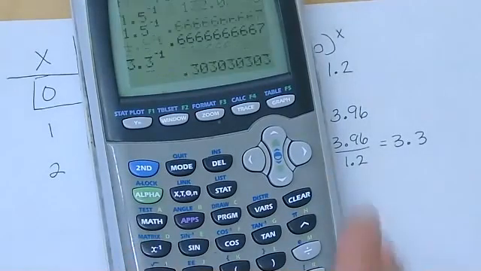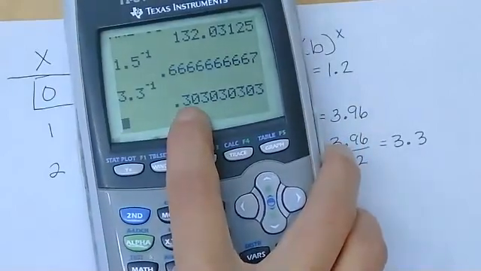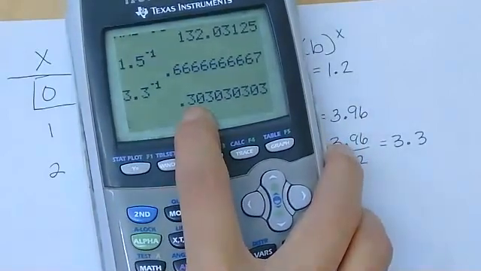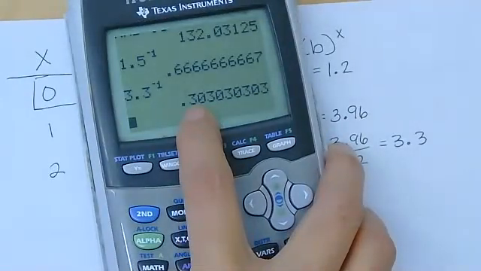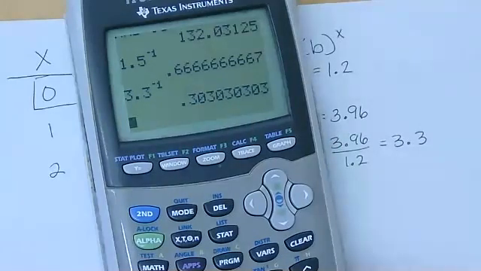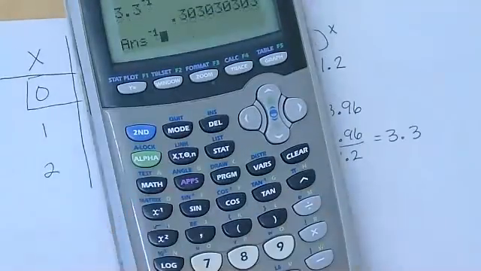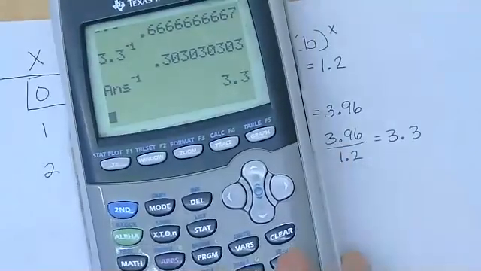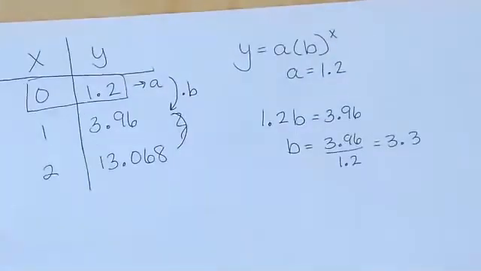So if you got 0.30303030, etc., you divided backwards. And if you think you divided backwards, you can fix it easily on a calculator by hitting the reciprocal key. That's the B value, 3.3. It had to be bigger than 1 because we are increasing.